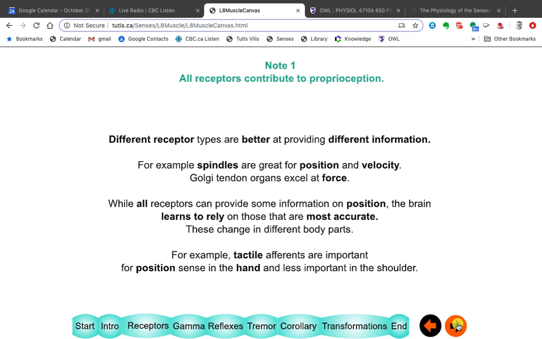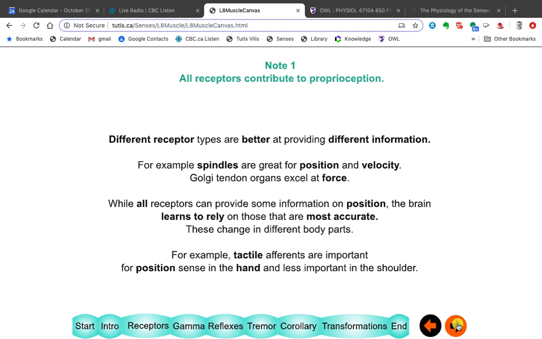The Golgi tendon organ that we just looked at is excellent at measuring how much force the muscle is generating. Some afferents are more important in some body parts and some in others.